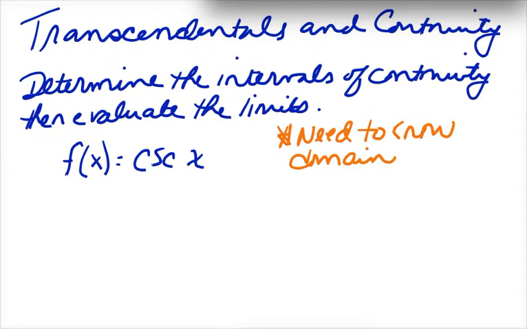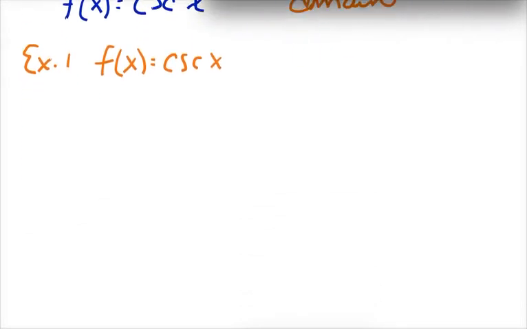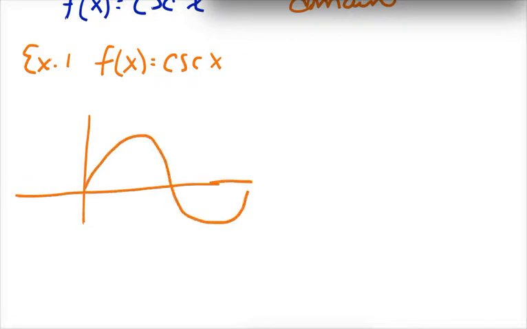So the first example that we're going to look at is cosecant. Let me scroll here. So cosecant of x, hopefully you have these graphs memorized, but if this is the sine function, remember cosecant looks like this.